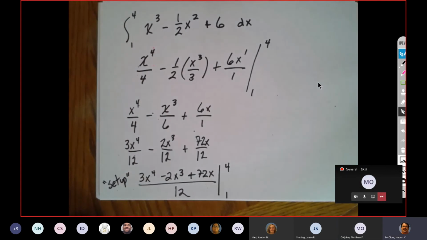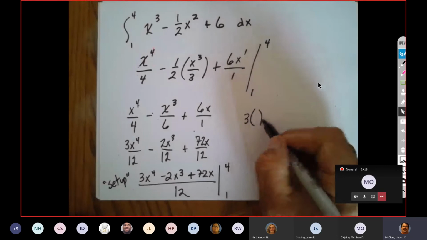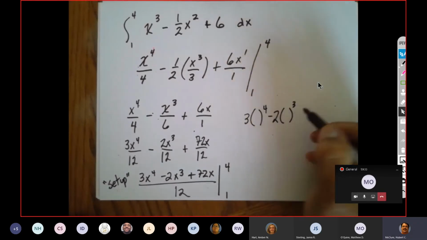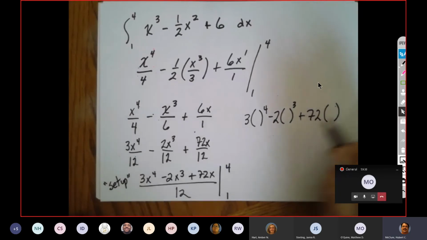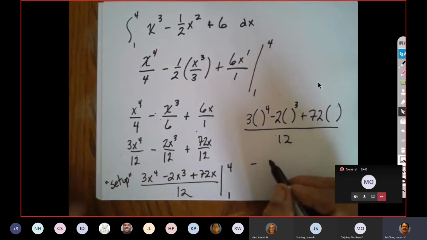So I'm going to go over here and I'm not going to write that 12 3 times. So I'm just going to say 3 parentheses to the 4th minus 2 parentheses to the 3rd plus 72 parentheses over 12 minus, same thing over again.